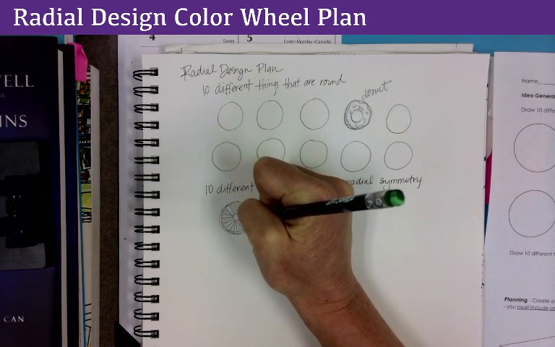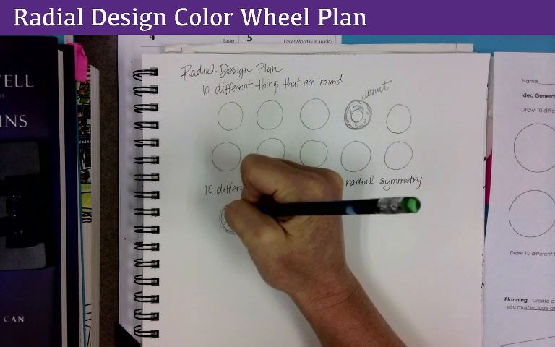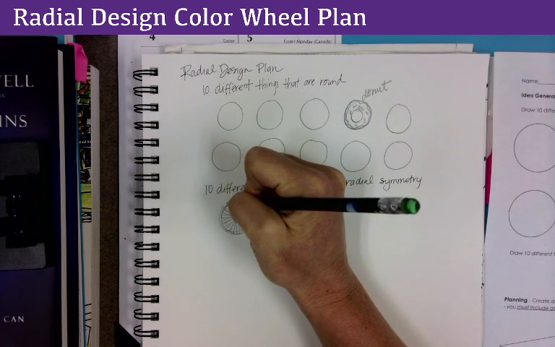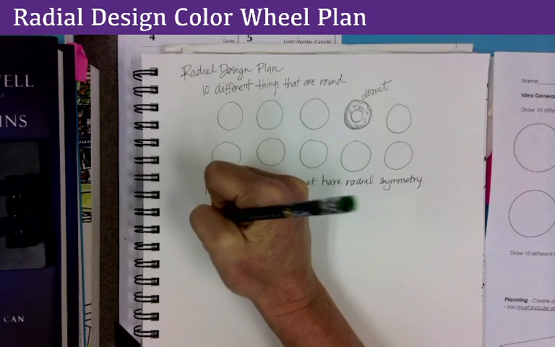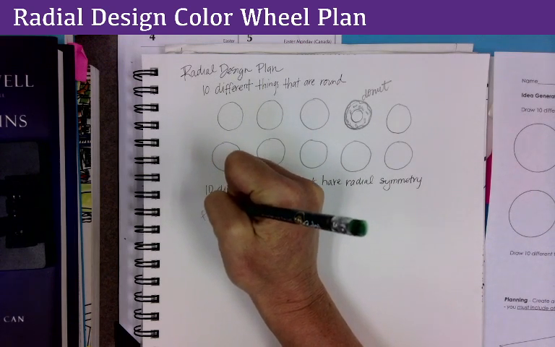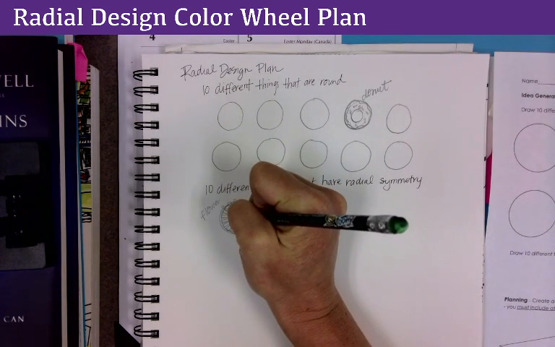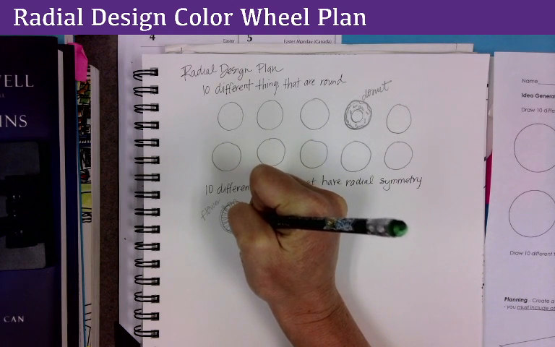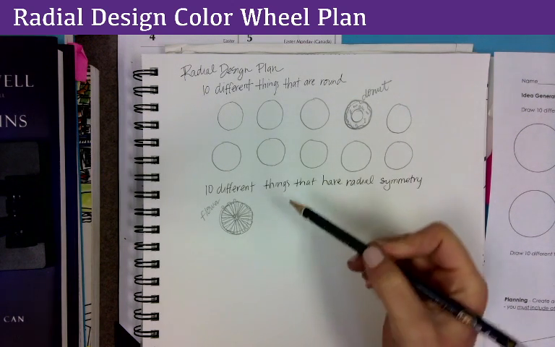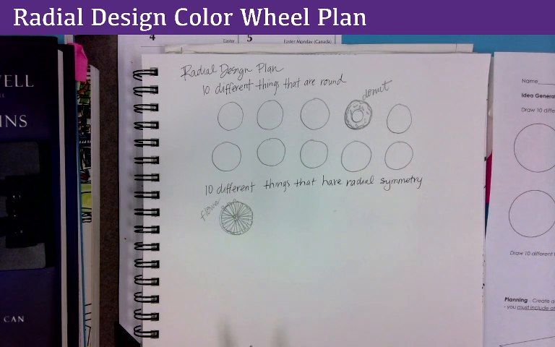You can go back to the presentation for inspiration on things that have radial symmetry. Flower. As I drew this, it actually reminded me of something else that has radial symmetry. So I'm going to draw 10 different things that have radial symmetry.